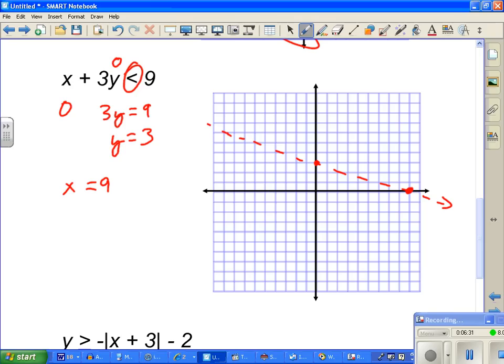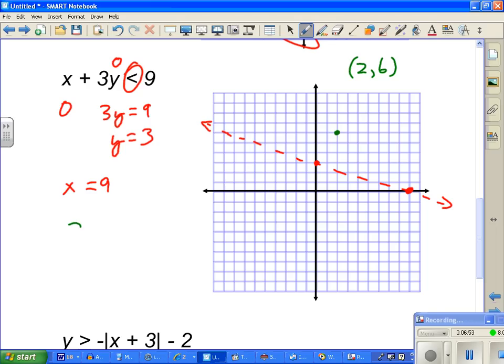Dotted line here. Now I got to decide where I'm going to shade. Well, pick a point. Okay, pick a point. We'll go up here. That point is 2, 6. Plug it in.